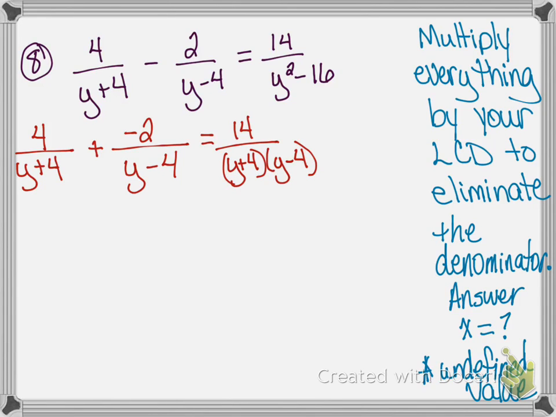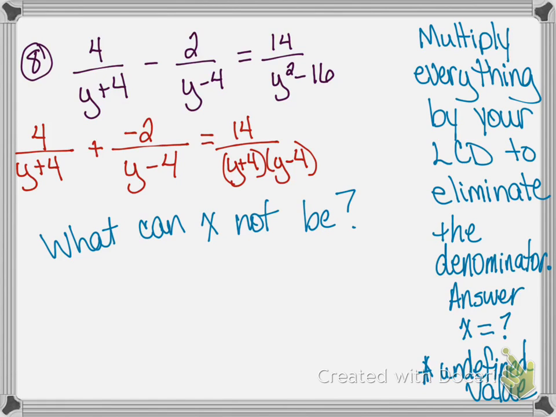So, my undefined value, that's what I want to deal with. What can x not be? It can't be 4 or negative 4. Now, let's talk about how you got that. You cannot have 0 in the denominator.